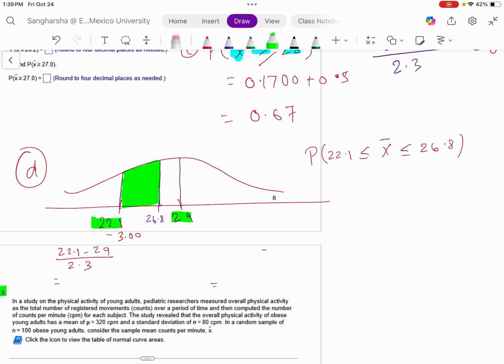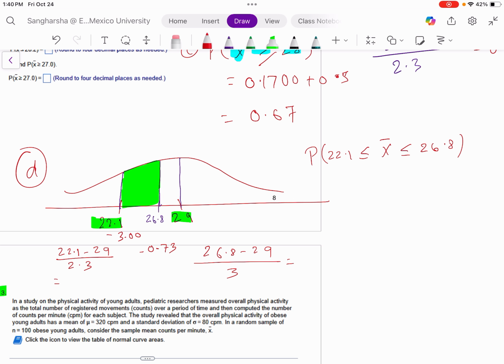We still need to convert that 26.8 into G. For that, 26.8 minus 29 divided by 2.3. So G for that point is negative 0.96.